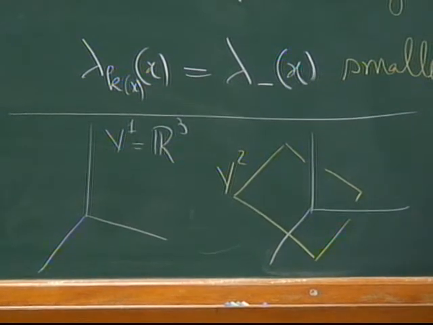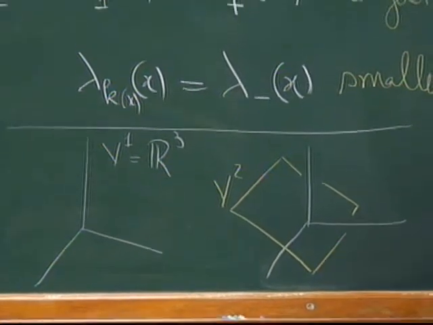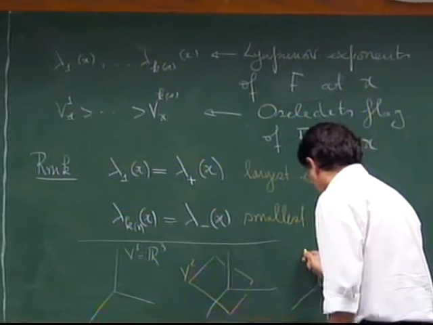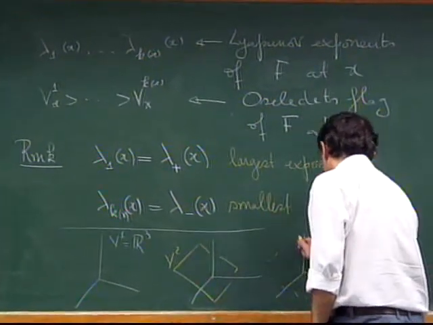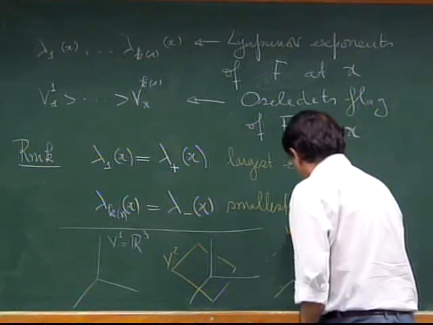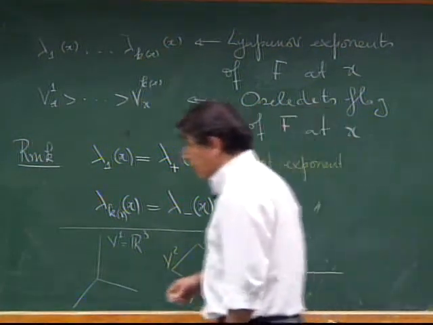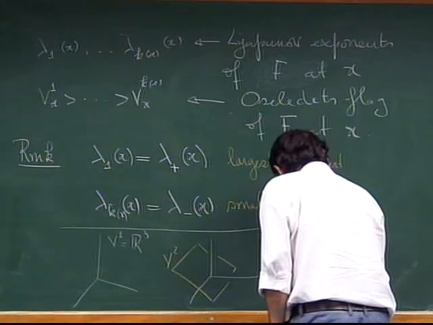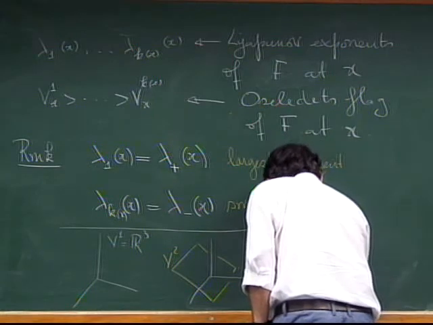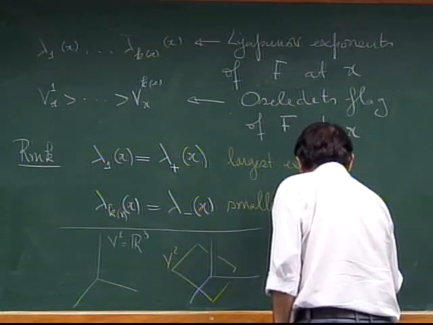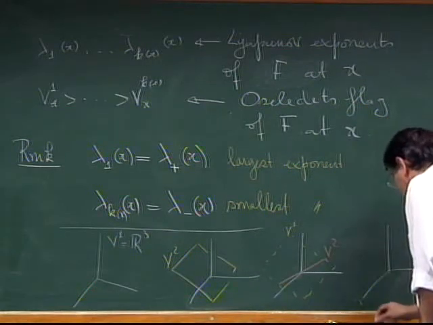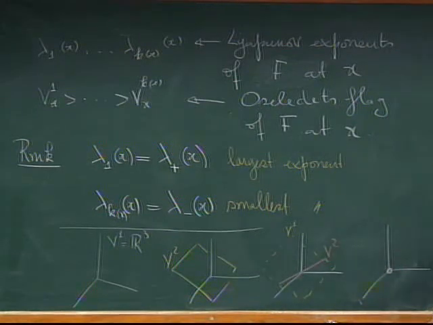I'm going to draw the case of a complete flag. And then inside this plane, we have a line, V_3, like this, and then inside V_3 we have the trivial subspace at the origin.